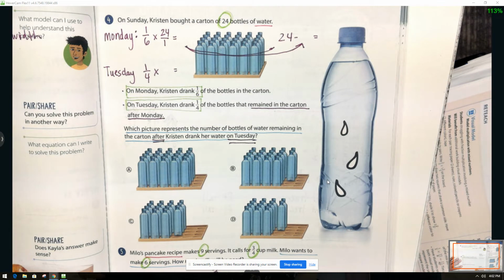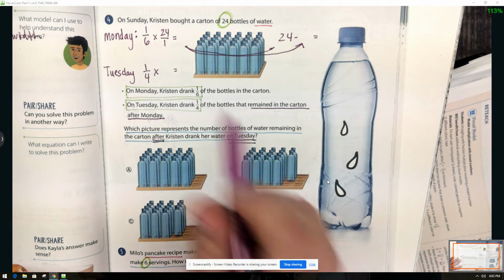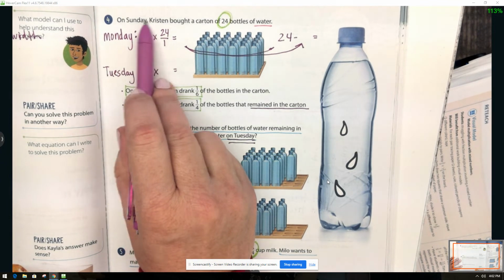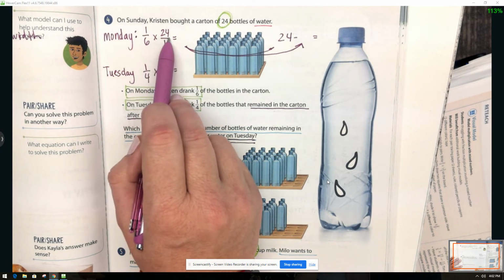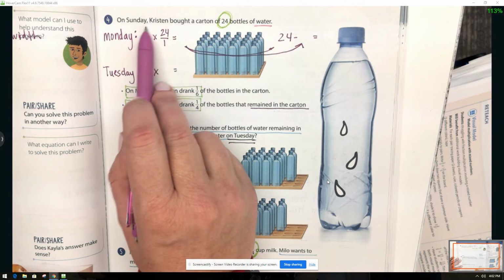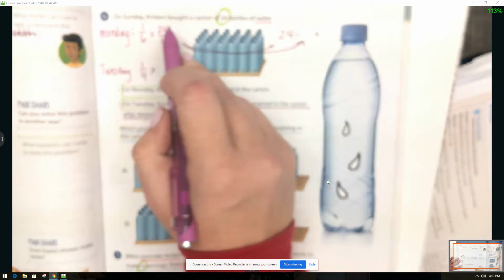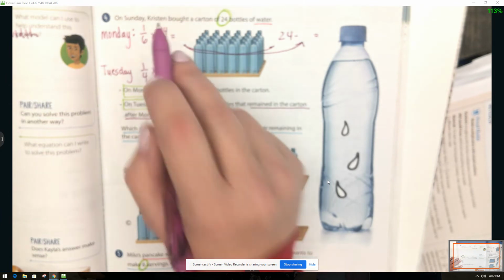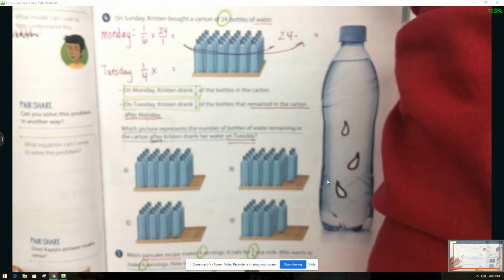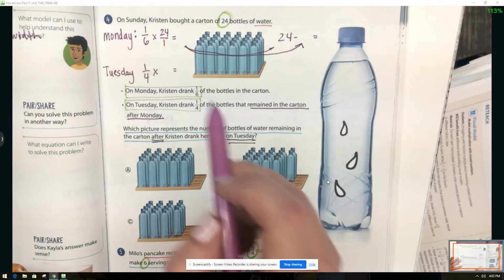So I'm going to help you get all the way to Tuesday. And I think that once you see how I do Monday, you'll be able to figure out how to do Tuesday. So for Monday, we know that she drank 1/6 of the 24 bottles. So 1/6 times 24, or 24 over 1, because we can write the whole number 24 as a fraction, making it 24 over 1.